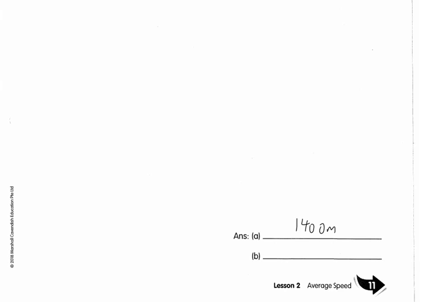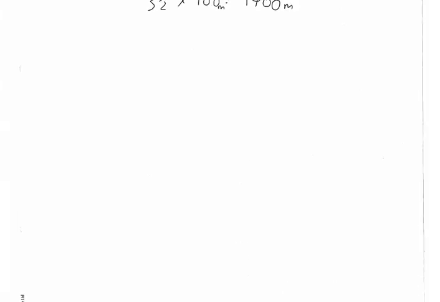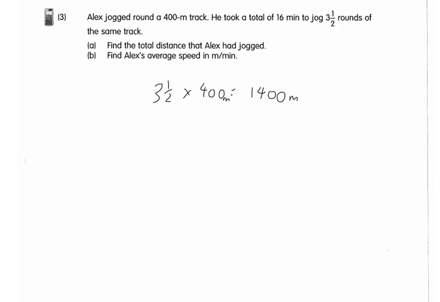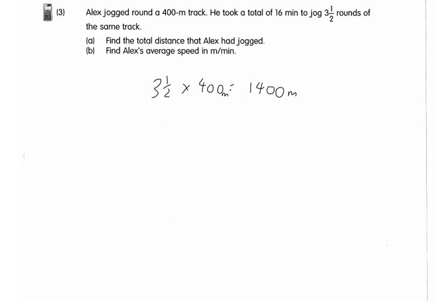Then let's look at part B. You're supposed to find his average speed in meters per minute. Average speed. So, Damian, how do I find average speed? Average speed equals total distance. Remember, I want to see the formula. Divided by total time.